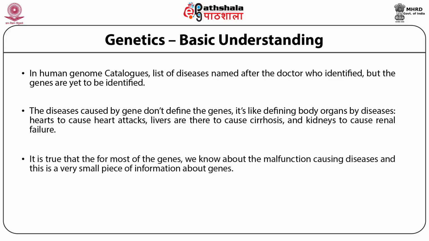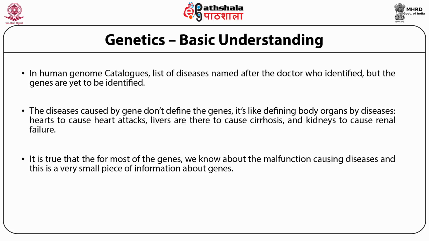It is true that most of the genes we know about are from malfunctions causing diseases, and this is a very small piece of information about genes. An individual having the Wolf-Hirschhorn gene doesn't mean that he or she might get the disease, which is incorrect information.